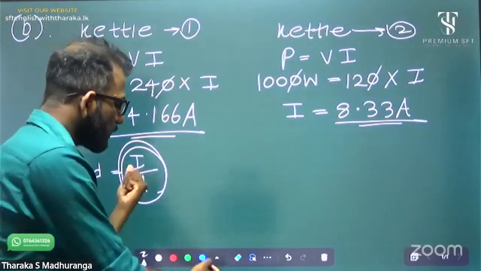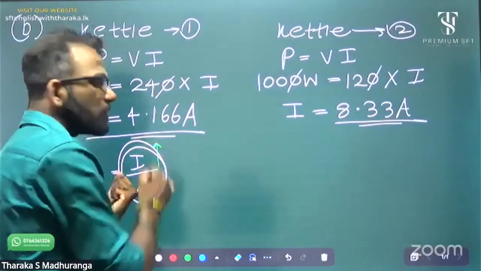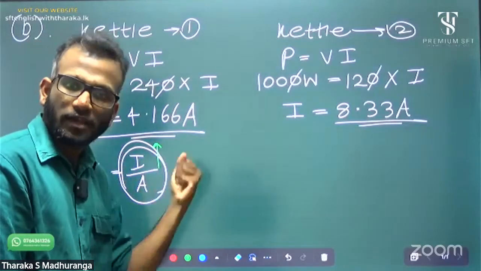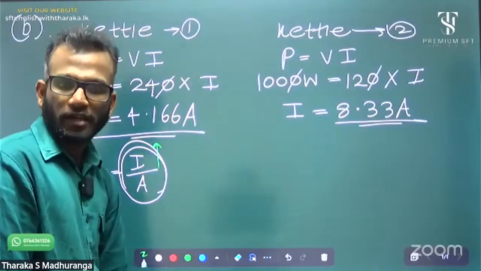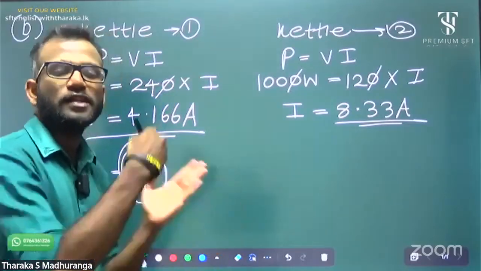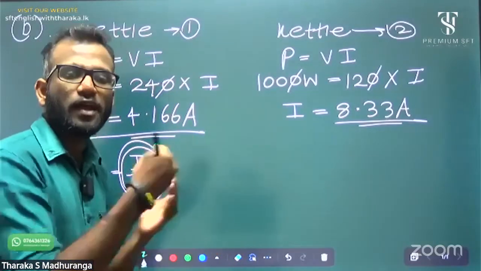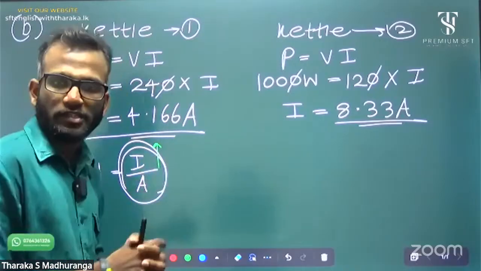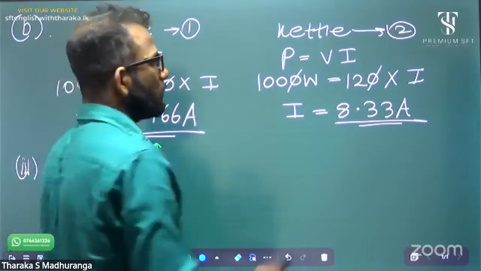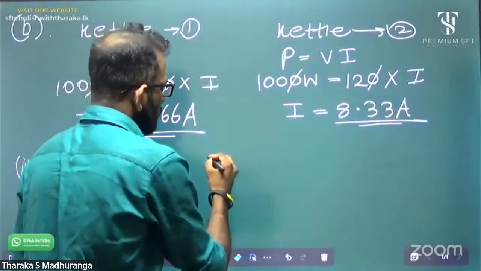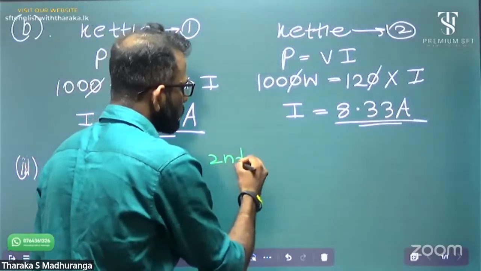Okay, when the current increases, what happens? The current density increases. Then the heat generation is increasing. Then you can say the second kettle produces more heat.